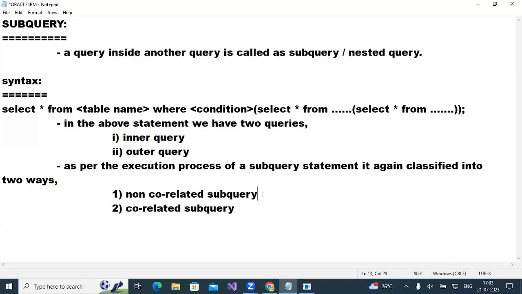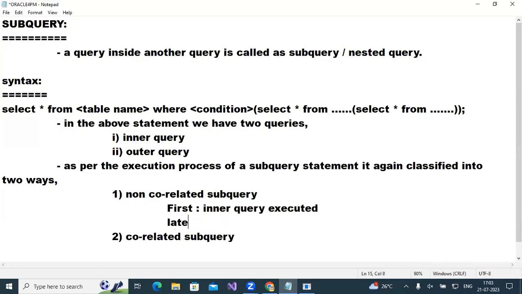What about non-correlated? In non-correlated, first the inner query is executed, then later the outer query is executed.